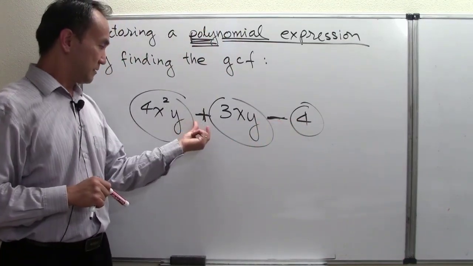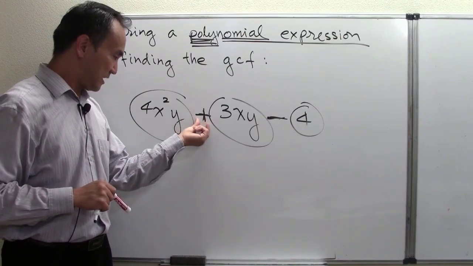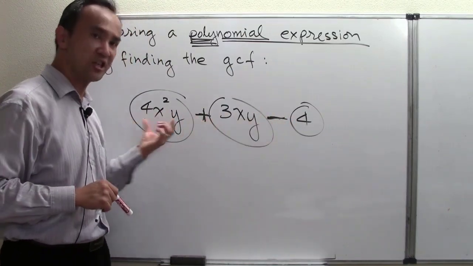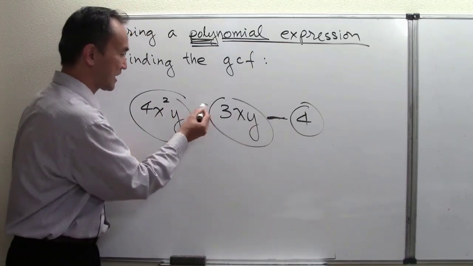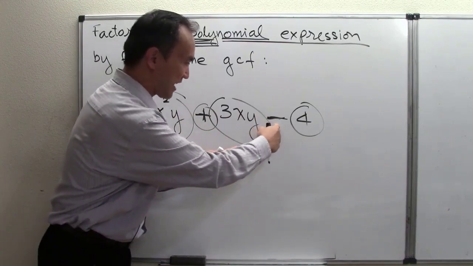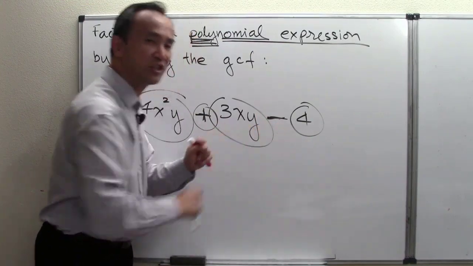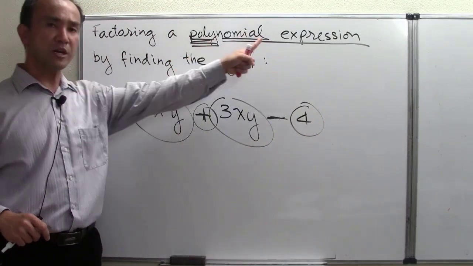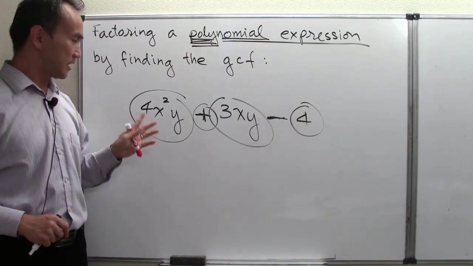But then the addition sign and the subtraction sign separate the terms here. Around the plus sign are 2 terms, and around that minus sign right here, those are 2 terms. So the entire expression here, we call it a polynomial expression, and it has 3 terms.